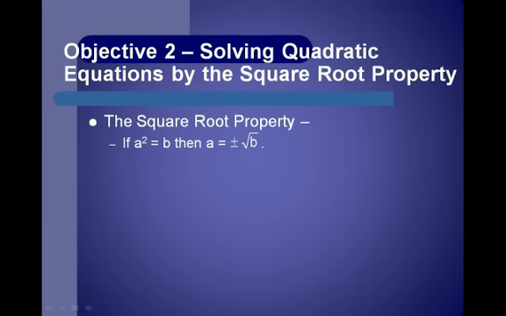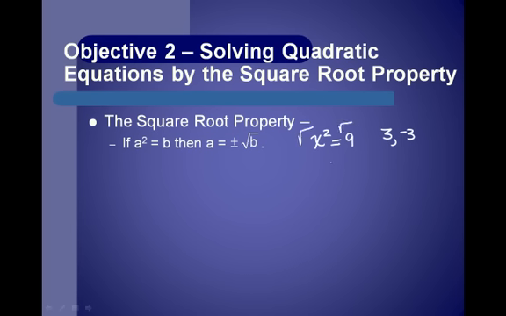Okay, what that means is if x squared is equal to 9, well, remember, we know that something squared equals 9. We know 3 works because 3 squared is 9. Also, negative 3 works because negative 3 times negative 3 is positive 9. So what the square root property says is you can square root both sides.